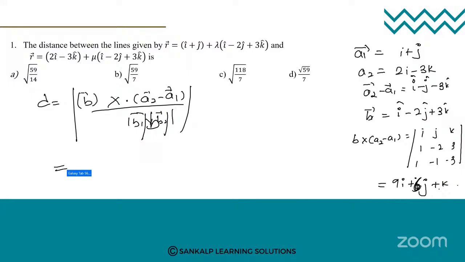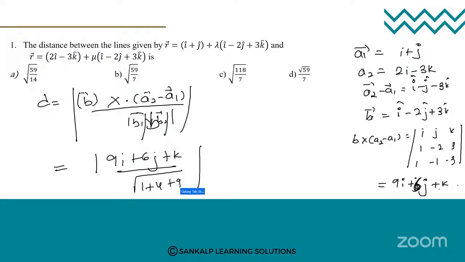So what did we get here? 9I plus 6J plus K divided by magnitude of B. B is 1, 4, 9, so this is basically 14. The numerator is 81 plus 36 plus 1.